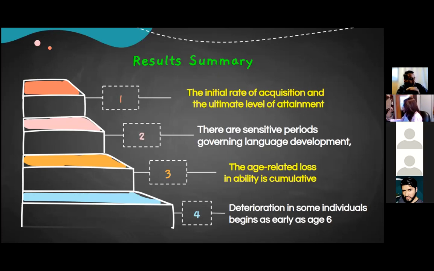Third, the age-related loss in ability accumulates, affecting first one linguistic domain and then another, and is not limited to phonology. And finally, the deterioration in some individuals begins as early as age 6, not at puberty as is often claimed. Next, please.